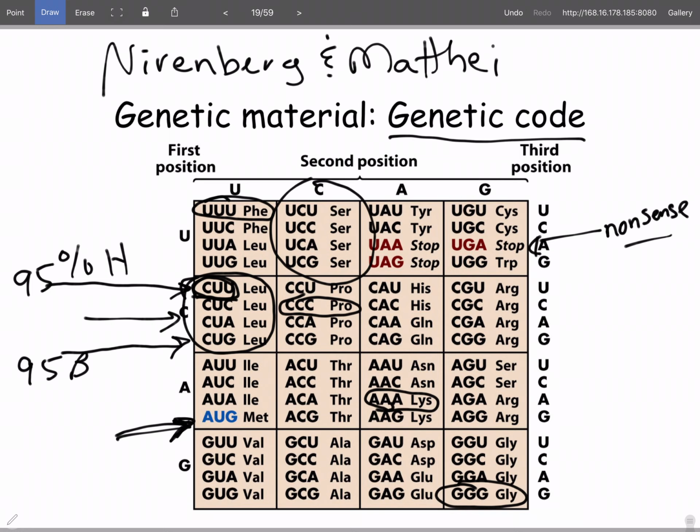No, I don't get that. Why does it slow down? So let's just say 95% of the time in humans, we use this codon, right? And so we have a lot of tRNAs that recognize this codon that can incorporate leucine. And we decide that we need to downregulate that sequence, right?